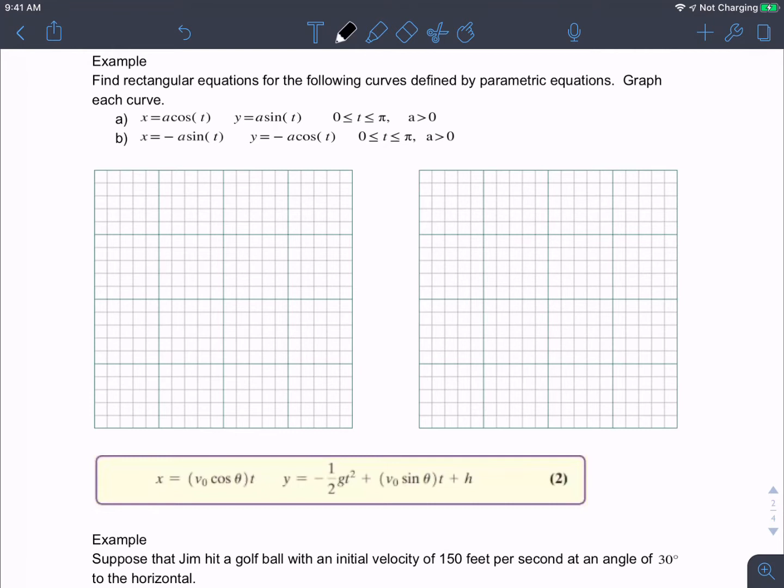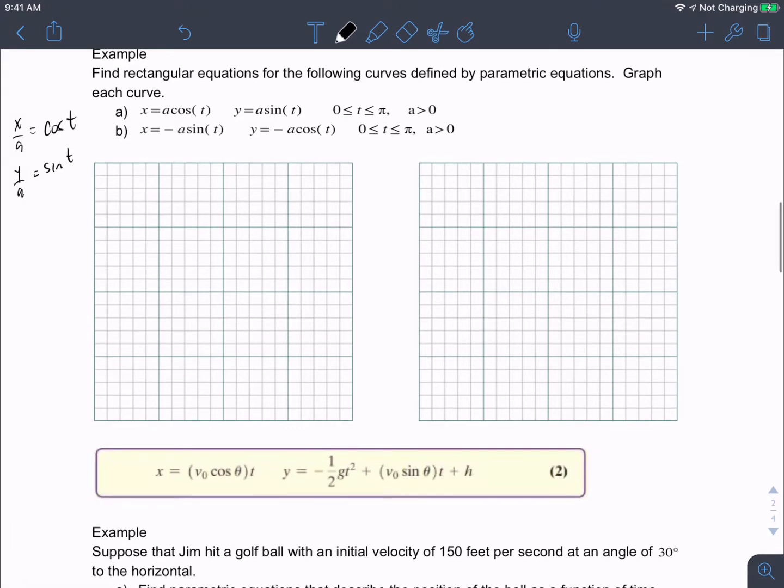What I'm going to do is write this in terms of things that I know. I'm going to divide by a and get x over a is cosine of t, and y over a is sine of t. Then using my trig identities, cosine squared of t plus sine squared of t is equal to 1. And then I'm going to replace.